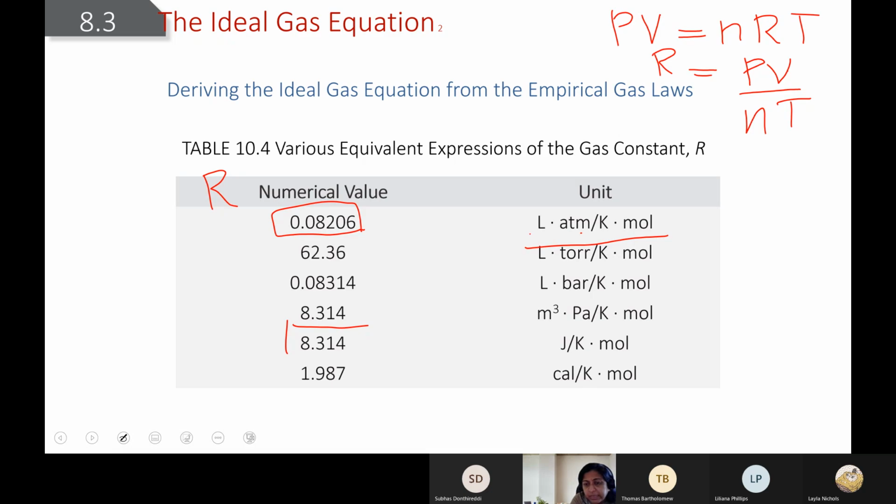But sometimes it can be given as 8.314, and then R will have the units joules over Kelvin multiplied by moles.